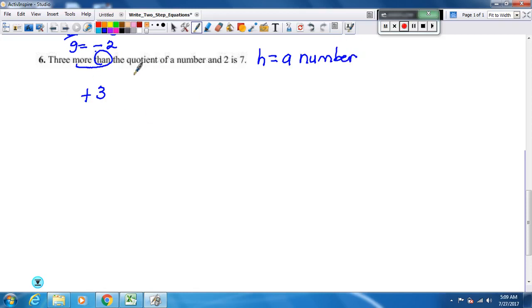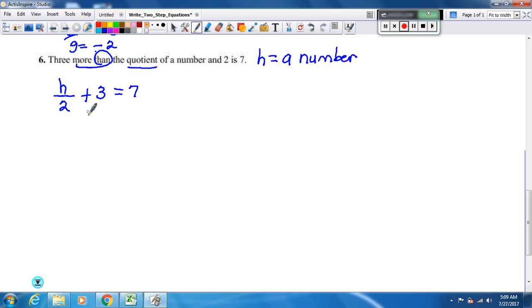Okay, so whatever's after the word than comes out front. Now notice it says quotient here. When you see the word quotient, you automatically make a fraction bar and then keep reading. A number, so I'll call that H. So this is the quotient of a number and 2. So that's a number and that's 2. The word is means put an equal sign, 7.